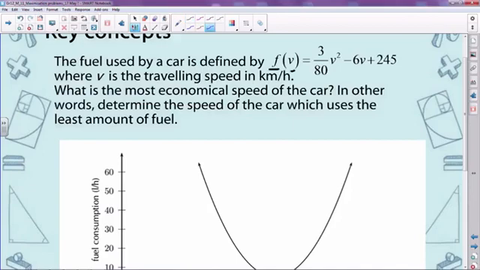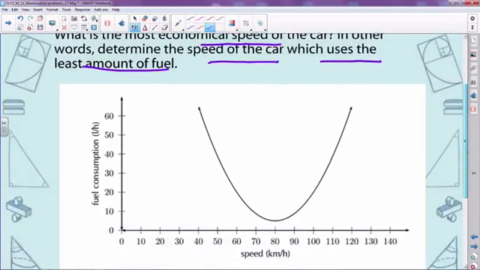Here v is the traveling speed in kilometers per hour, and this is represented by a quadratic function, as given in your equation. The question then is, what is the most economical speed of the car? In other words, they're asking us to determine the speed of the car which uses the least amount of fuel.